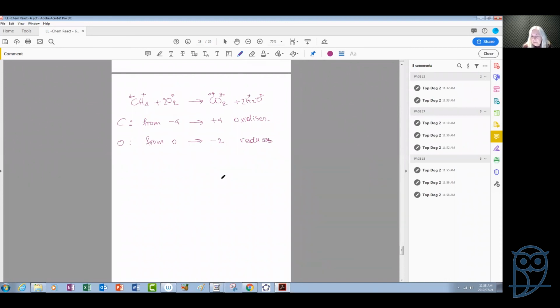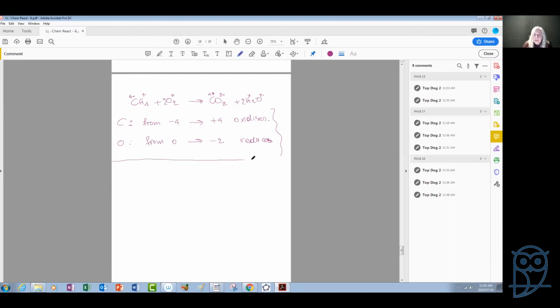We would expect it to reduce because oxygen is a very, very strong oxidizing agent. And a combustion reaction is an oxidation reaction. So there we see the reduction and the oxidation that take place during the combustion of methane and other similar hydrocarbons.